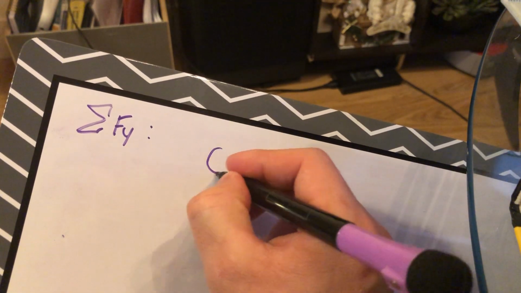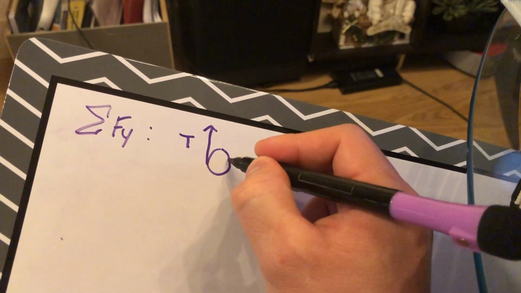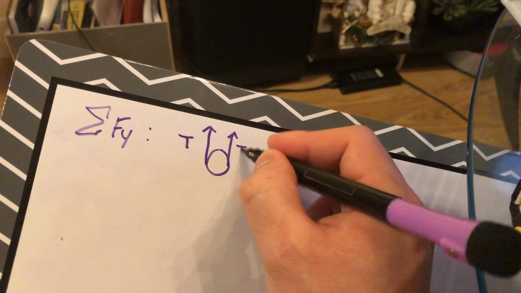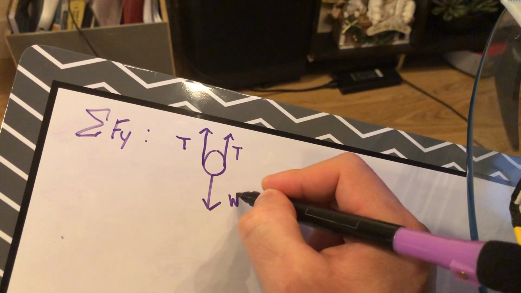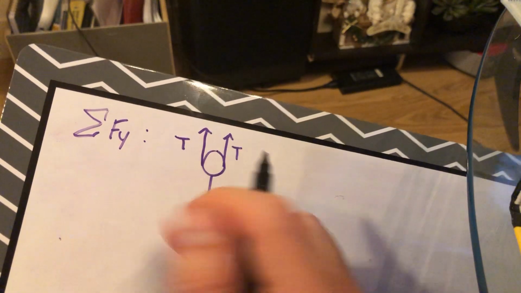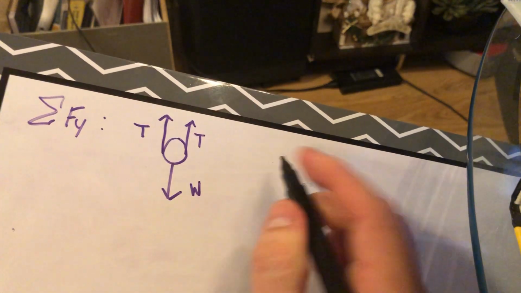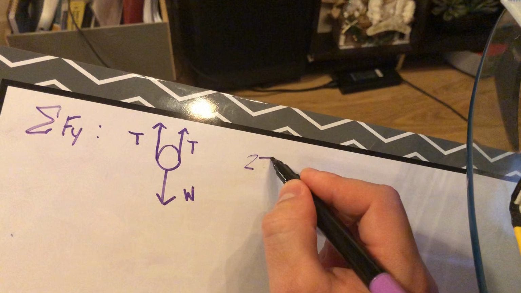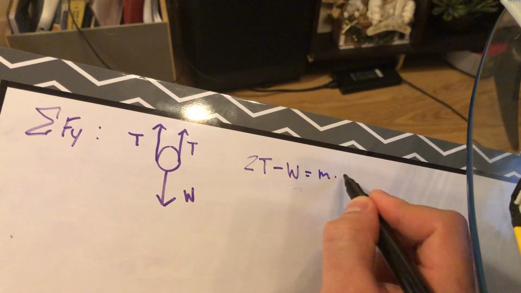So we're going to have that pulley, and that is going to be experiencing a certain tension force, the tension force. And then we have the weight here. So as this is going up, there's tension here, there's tension here. So what we can say is, since it's moving up, we're going to have 2T minus weight is equal to the mass times acceleration.